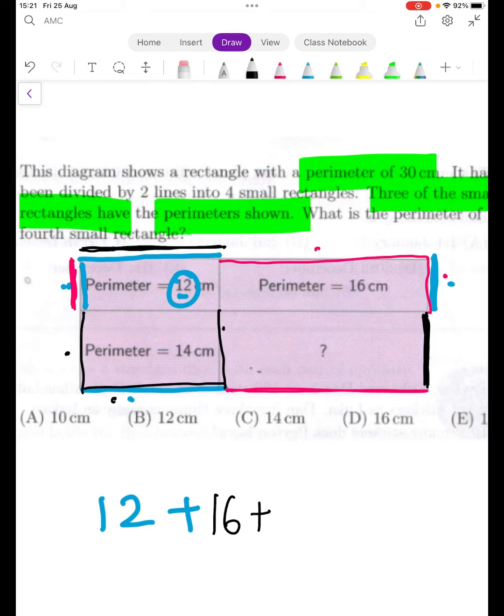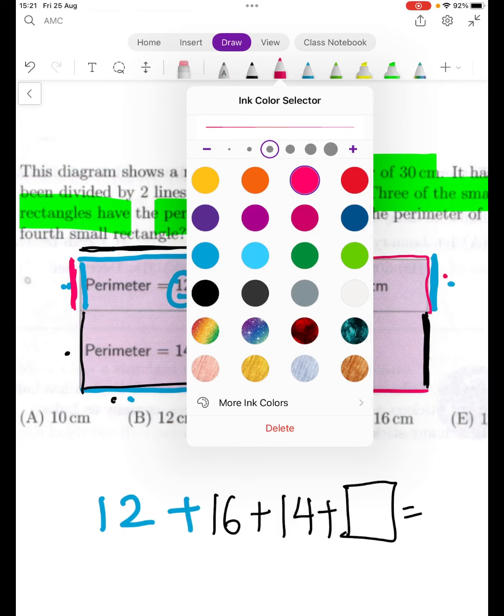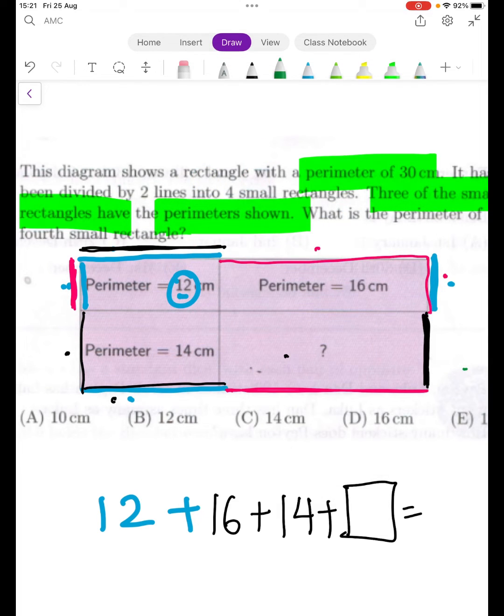Similarly, this side here is the same as this here, so I can write it here. Can you see all the marks, edges? This is 14, and I do not know what is the perimeter of this 4th rectangle, but I do know the outside is 30, but let me actually work this out too. Let me choose a different color.